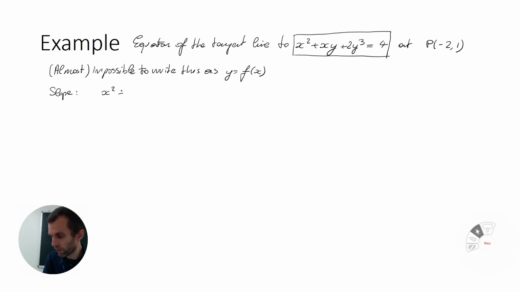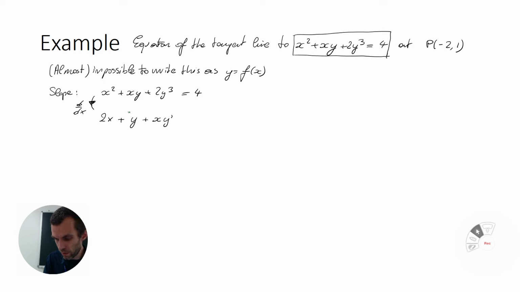So we have x squared plus xy plus 2y cubed equal to 4. And now we take d dx of both sides. We get 2 times x. And now I get a product here, so I have to use the product rule. I get y plus x times y prime.